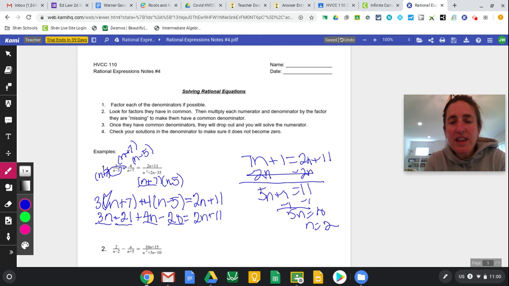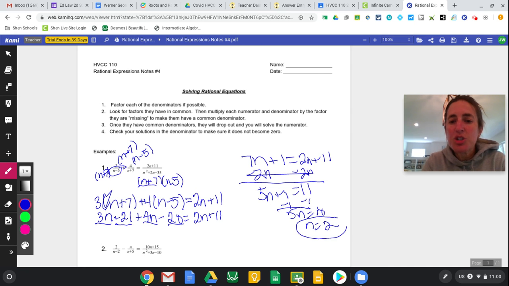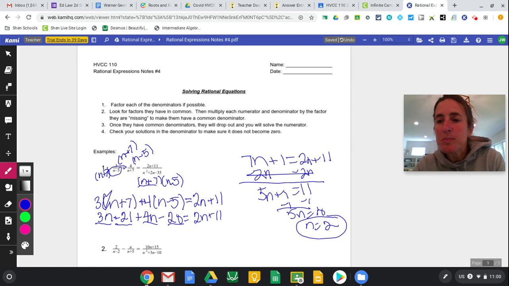That is an okay answer since the denominator does not turn into 0. 2 plus 7 is 9, and that's acceptable also. So n equals 2, we're going to keep that answer. Okay? It actually works because the denominators do not turn into 0.